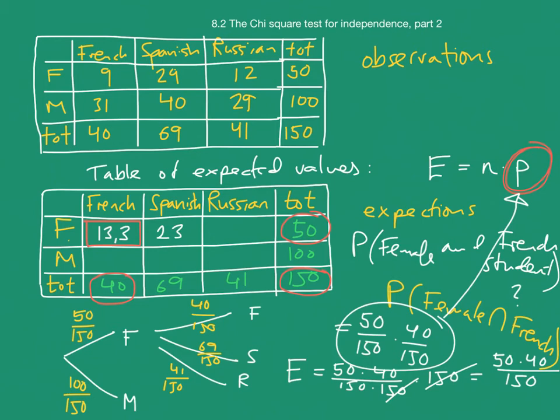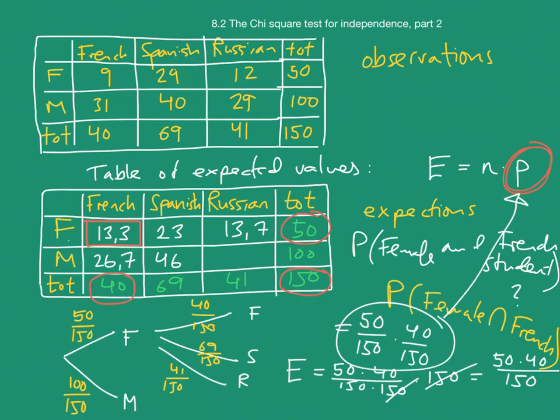If we take 41 times 50 divided by 150, we get 13.7. 40 multiplied with 100 divided by 150, it's going to be 26.7. 69 multiplied with 100 divided by 150, it's going to be 46.